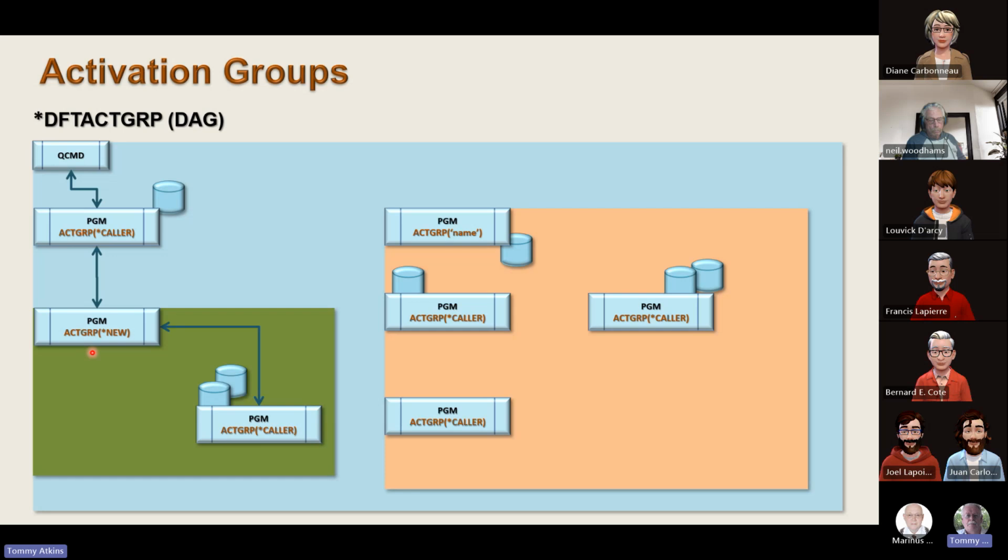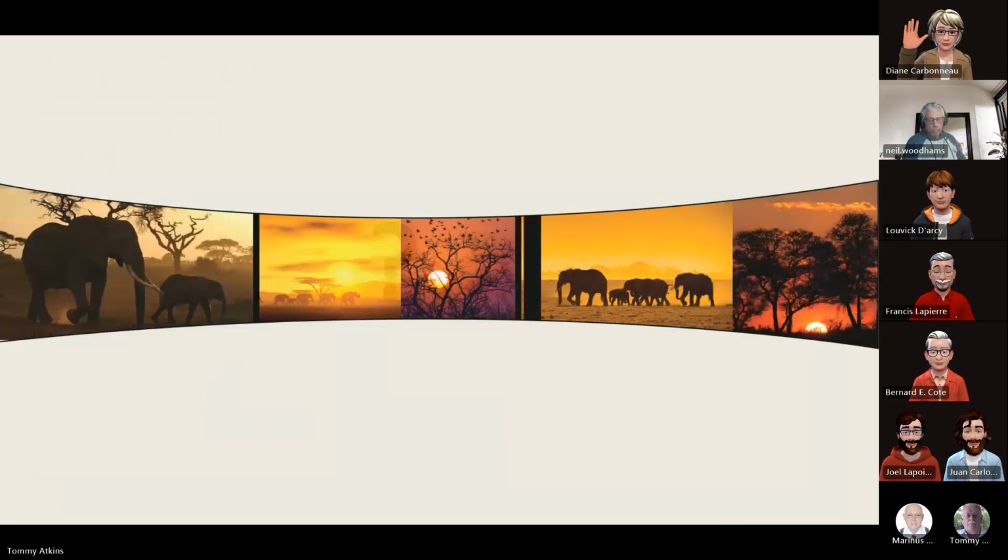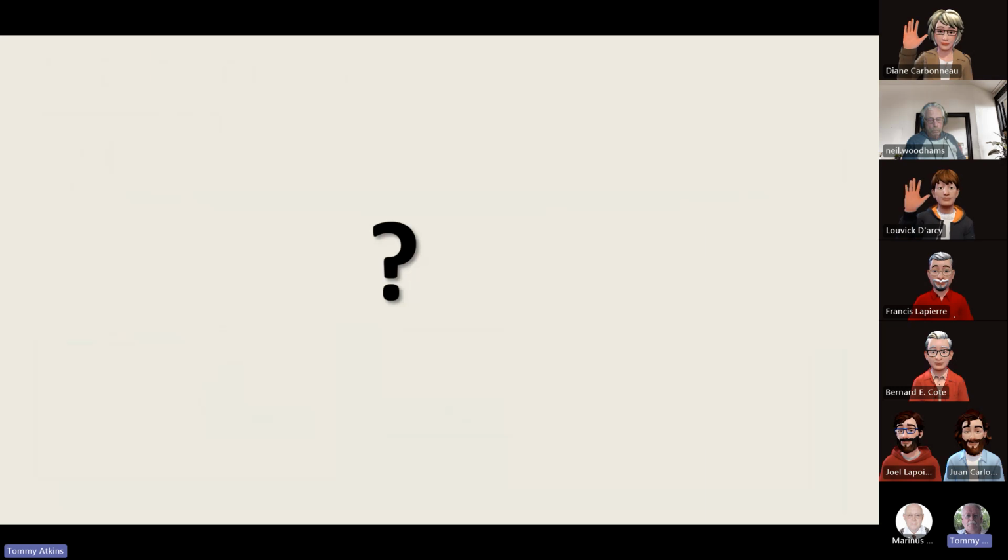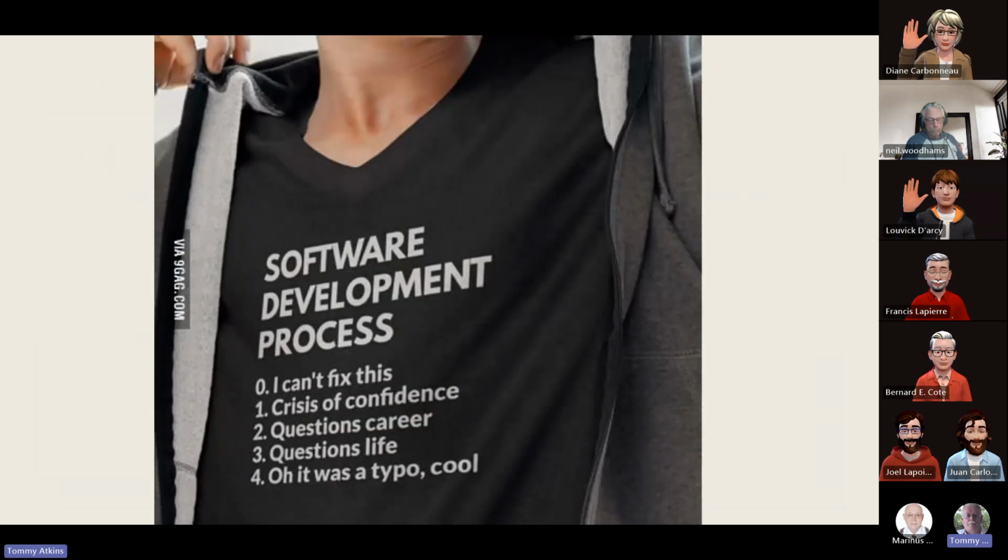It's often a good idea in the beginning when you're starting to use activation groups to draw little diagrams like this to see where you are. Just something to think about. I'm sure you've all been there.